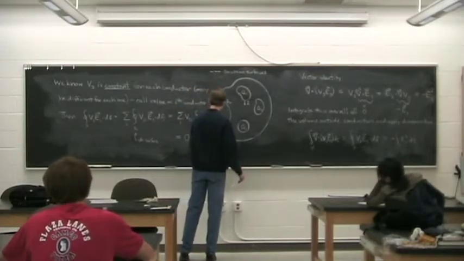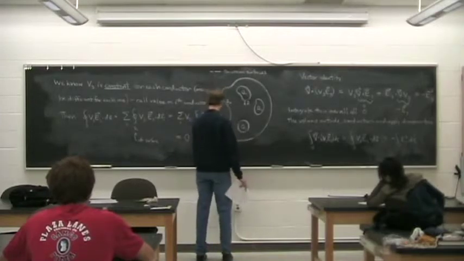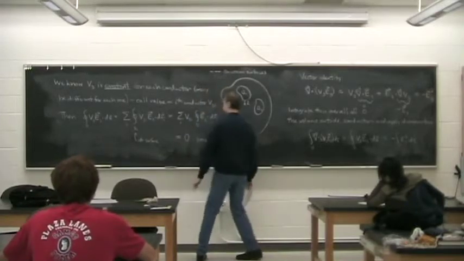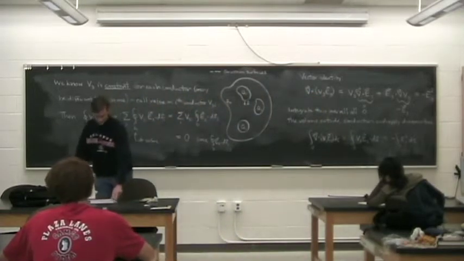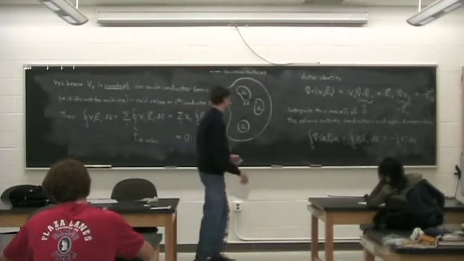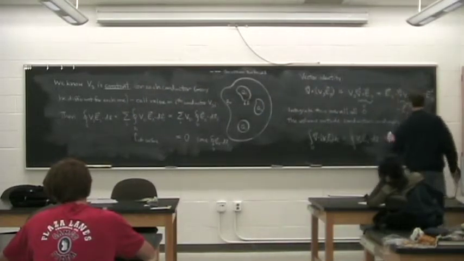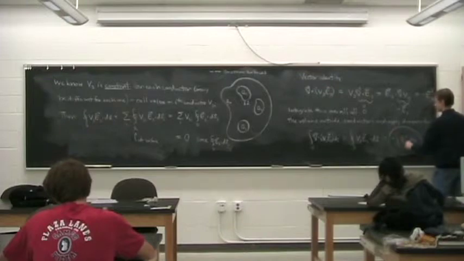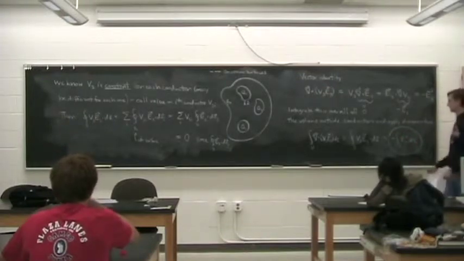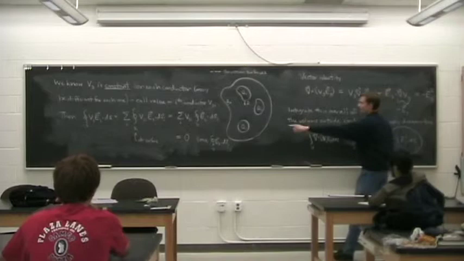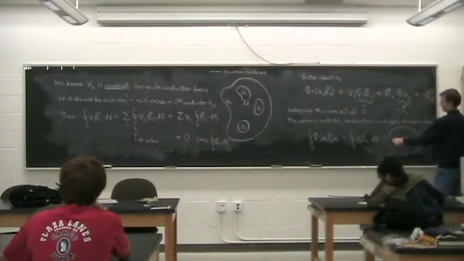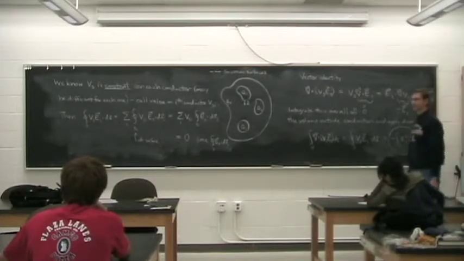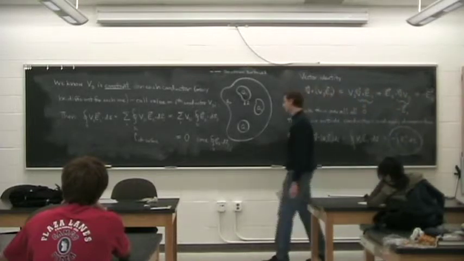But that means this is equal to 0, because this flux of V3 E3 through the whole bounding surface we also showed was equal to minus the integral of E3 squared d tau over the volume.